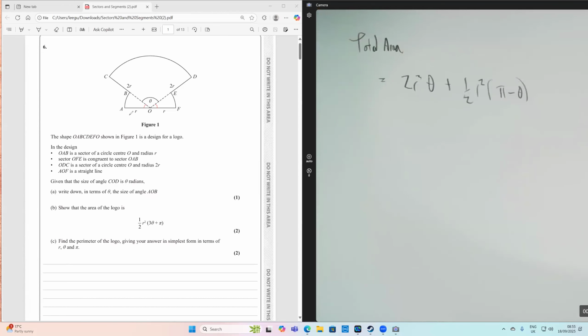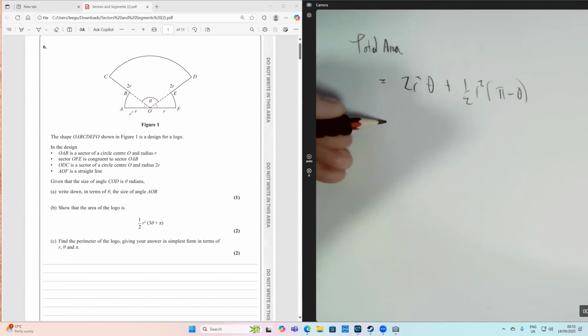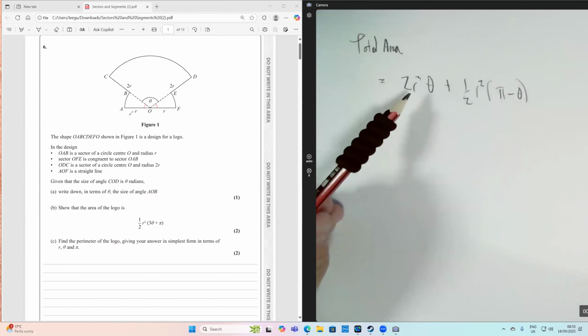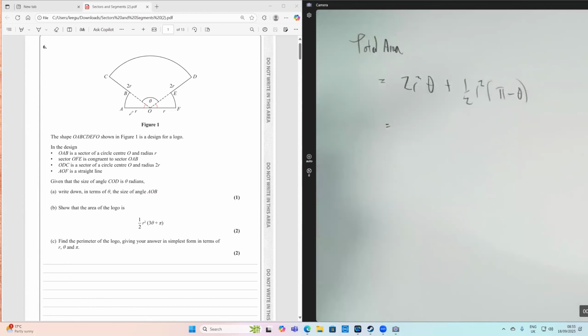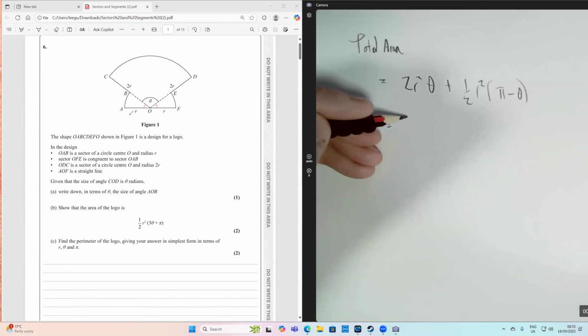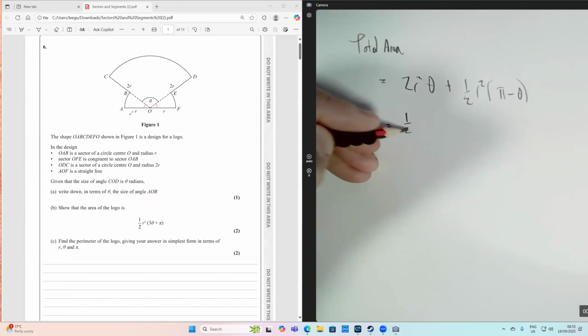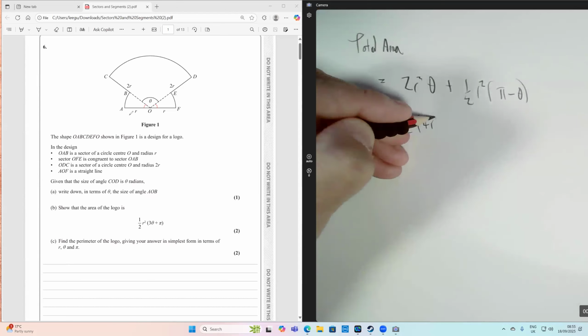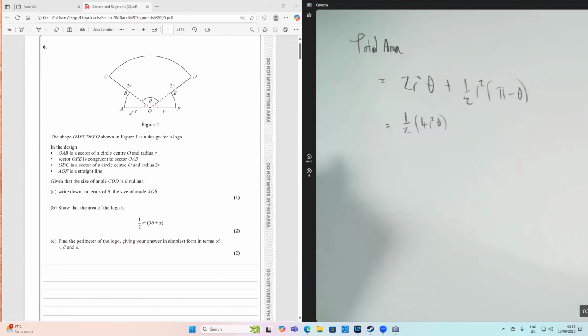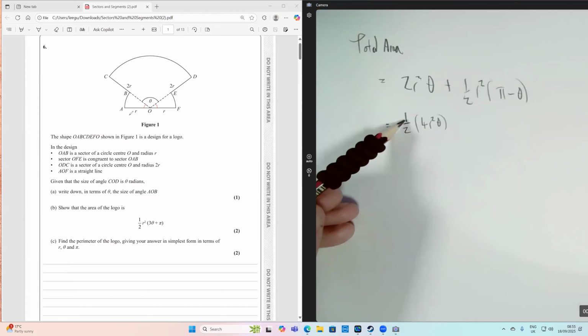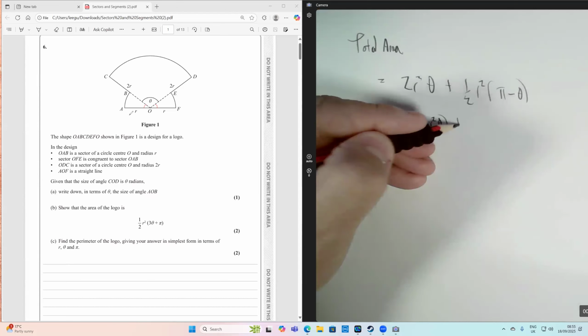Perfect. Now what we can do here is get out a common factor of a half. So I'm going to reimagine this as 4 over 2, so I'm going to think of that as a half times 4r squared theta. And I've engineered that in such a way so that we've got a common factor of a half here.